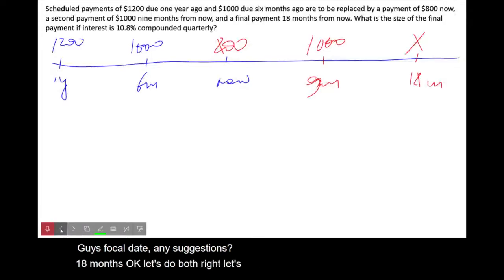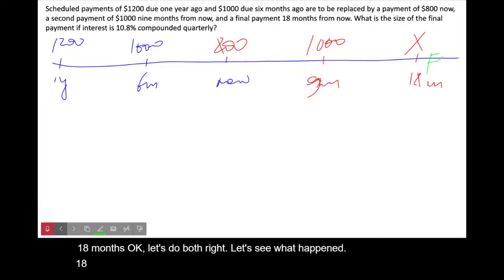Let's see what happens. 18 months was the first suggestion, so let's first do 18 months.